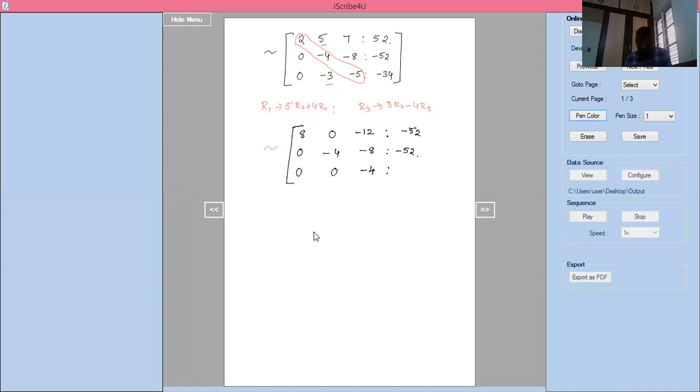If you simplify, you will get 3 into R2, which is 3 into 34 plus 4 into R3. If you simplify, you will get minus 20. Next, you can identify the principal diagonal element.